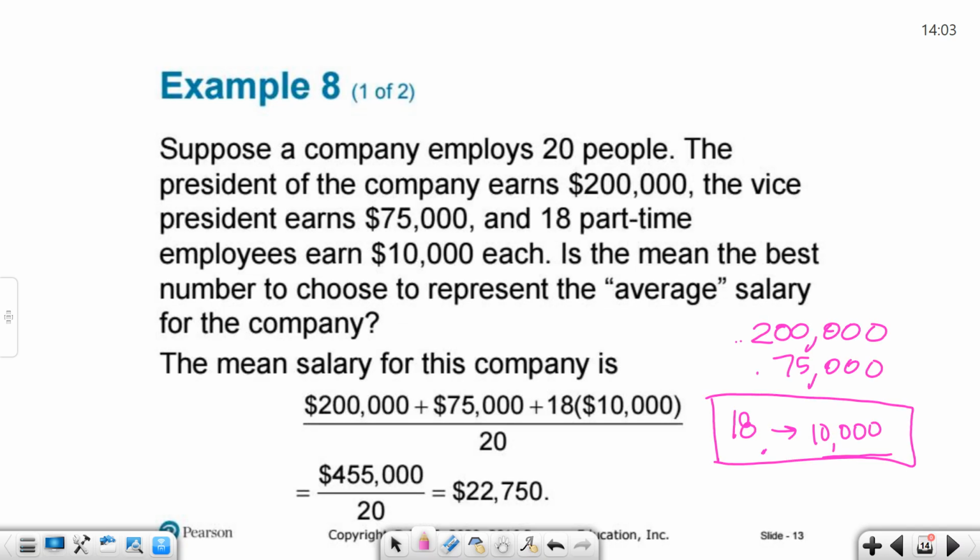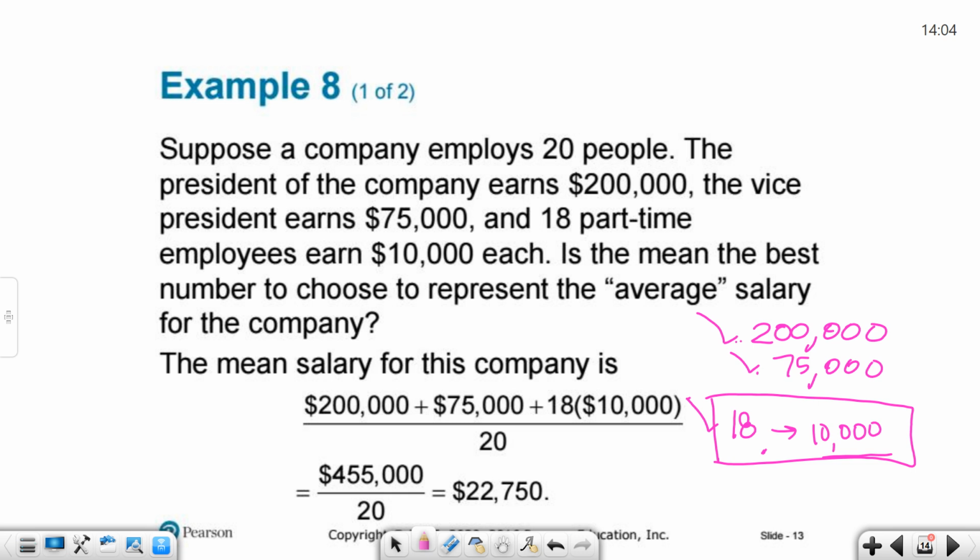So let's talk about that. So if we did write all these out, there are 18 entries here, 19 and 20. So there are 20 entries in this set. If you wrote out 10,000 18 times, first of all, you know your mode would be 10,000 because there are 18 of those in the data set.